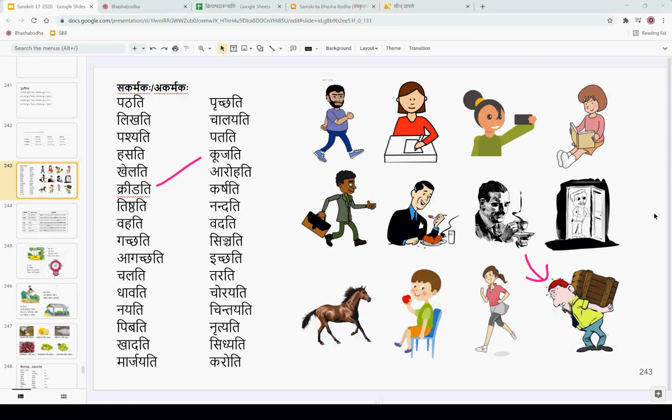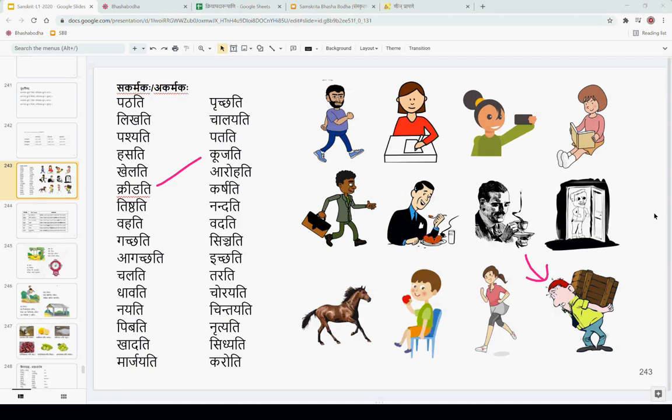Here it is different. In English also you can think like that, the boy is playing with a ball, with something. So that can be added here. Then it is not a karma padam, not an object. Balakaha kridati.